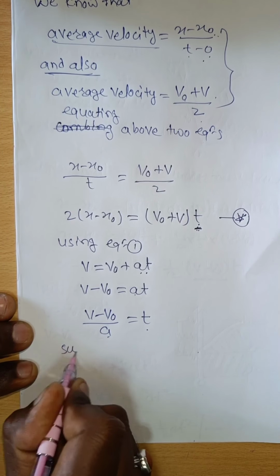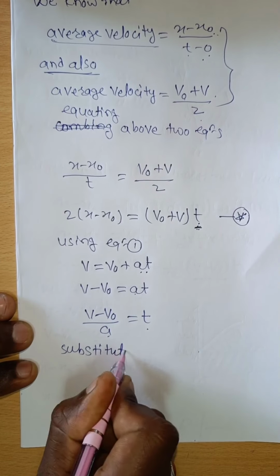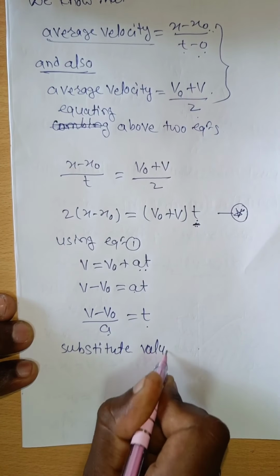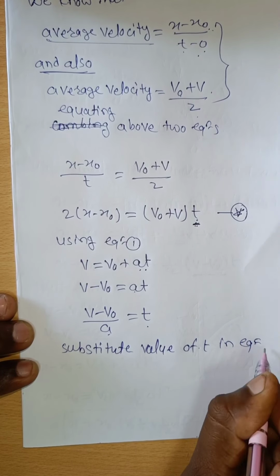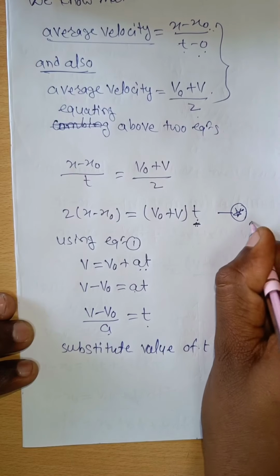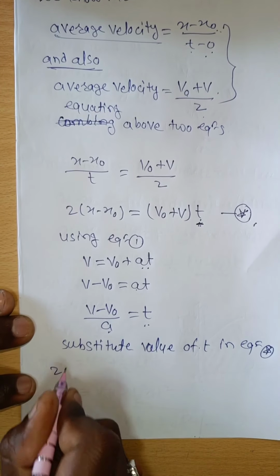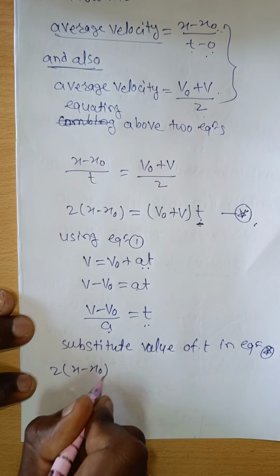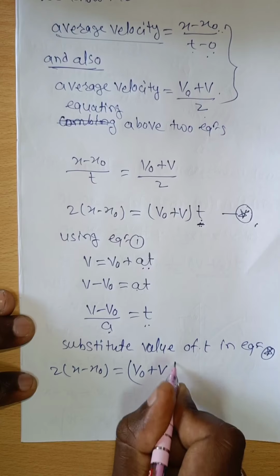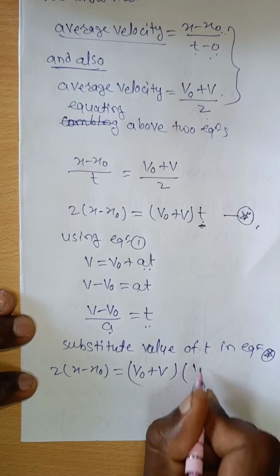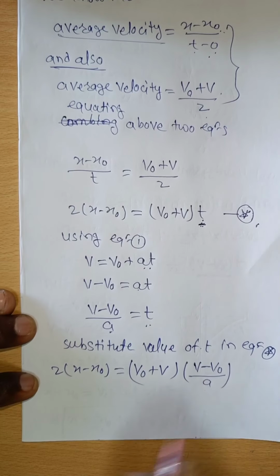Substitute the value of t in equation star. t is equal to v minus v naught by a, then 2 into x minus x naught is equal to v naught plus v. In place of t we put v minus v naught divided by a.